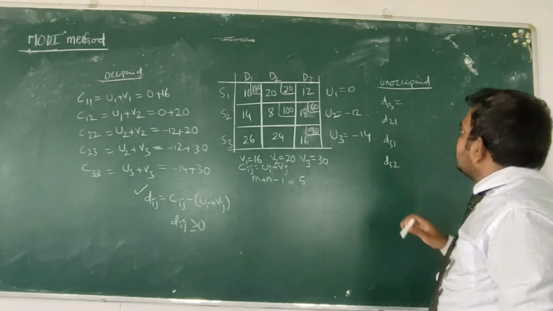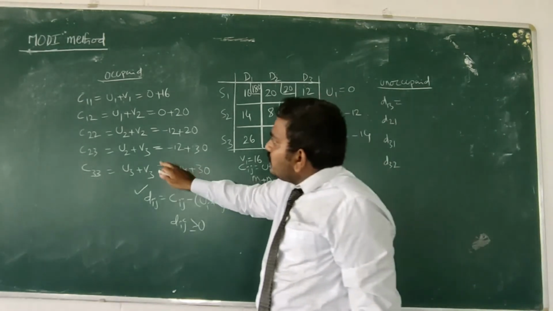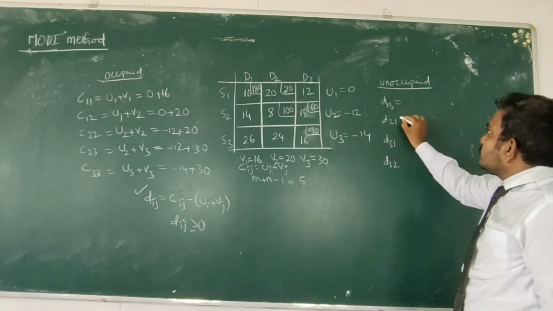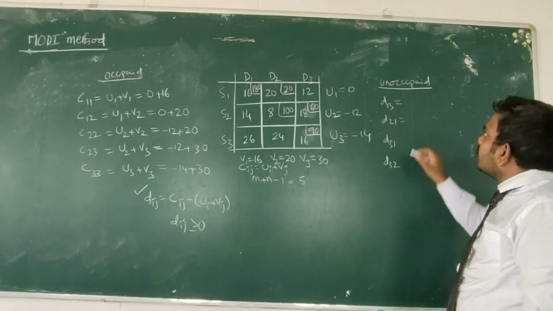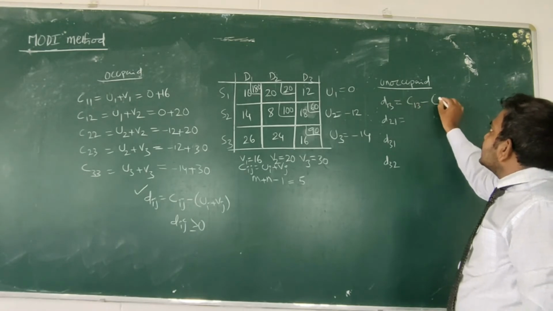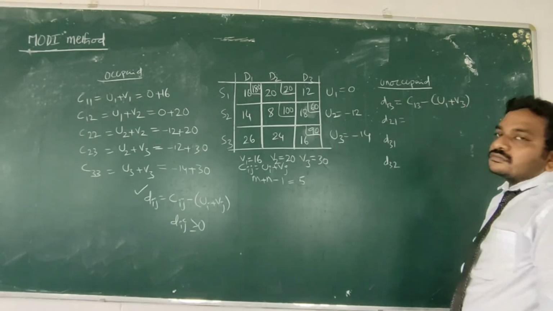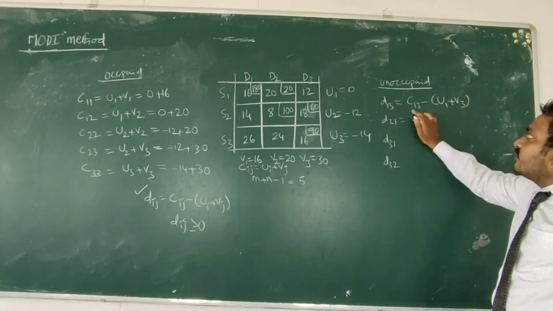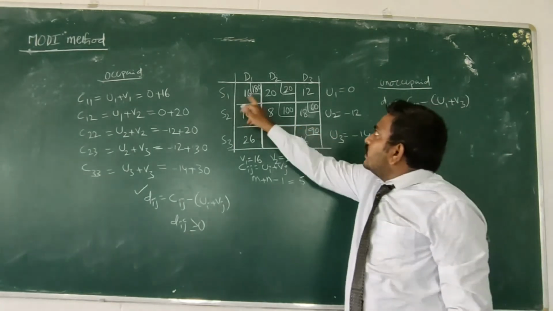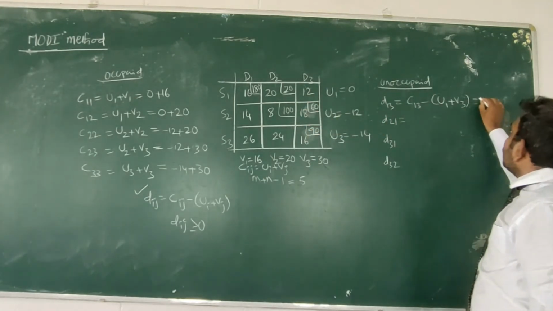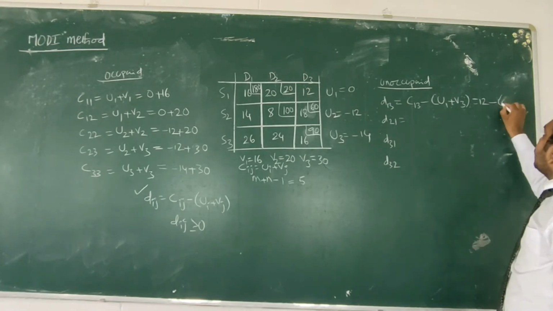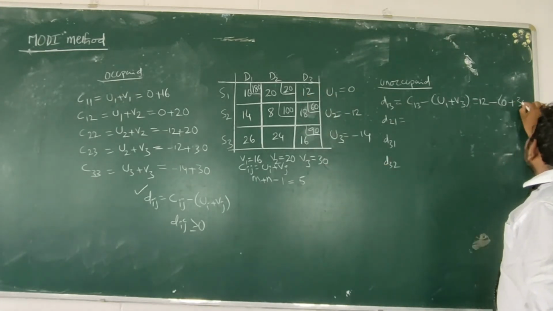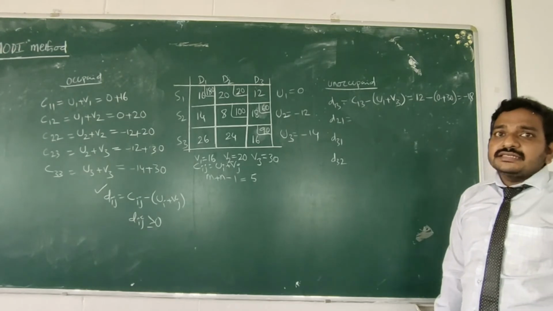That's it, 1, 2, 3, 4. The first value is minus 18.